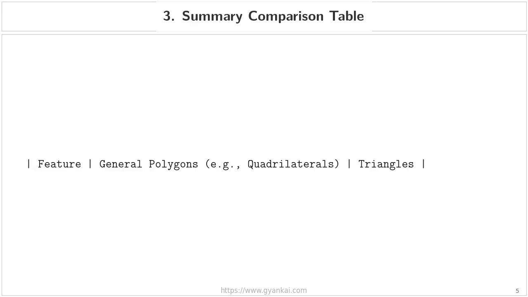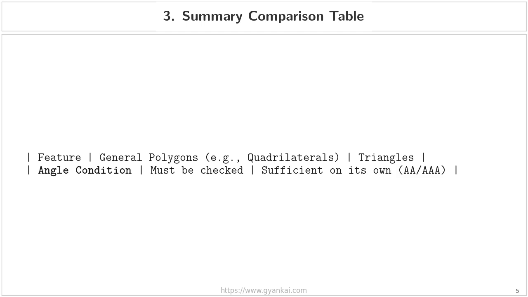3. Summary comparison table. Now that we have explored the specific rules for general polygons and the unique properties of triangles, let's bring everything together with this summary comparison table. This is a great way to visualize the fundamental differences we've just discussed.